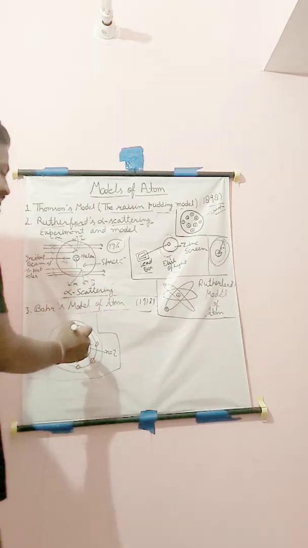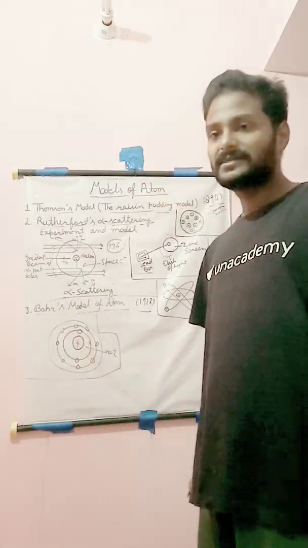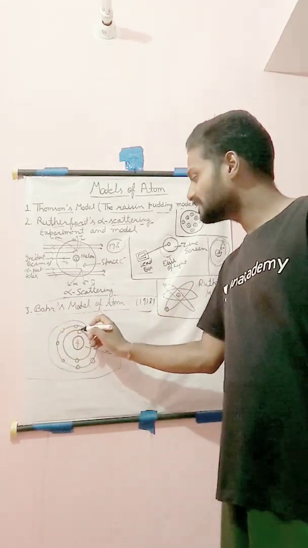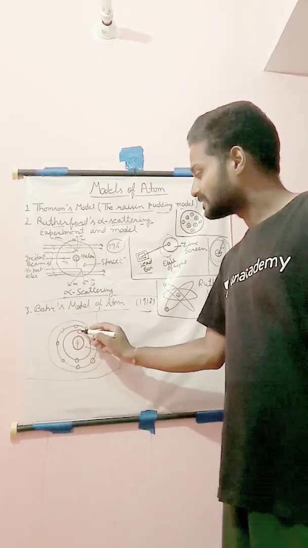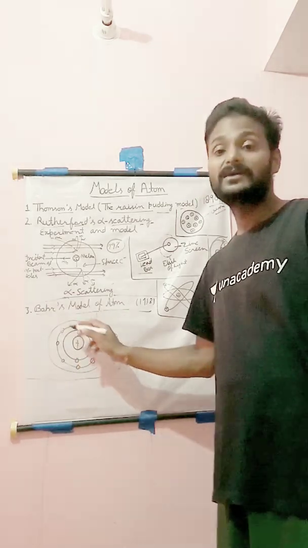You can see here in this figure, this is the nucleus and these are the orbits, and these electrons, or you can say negative particles, revolve around them.